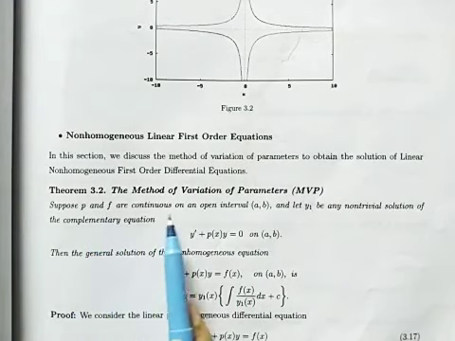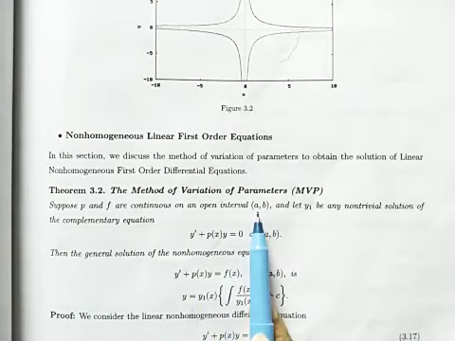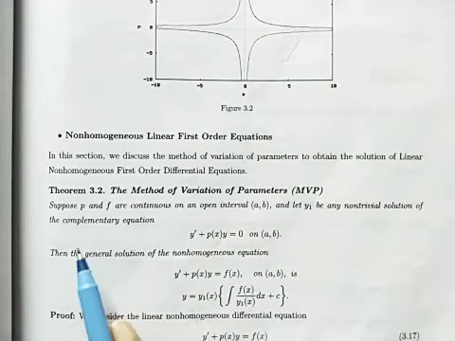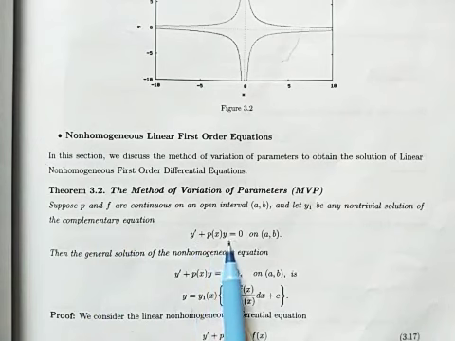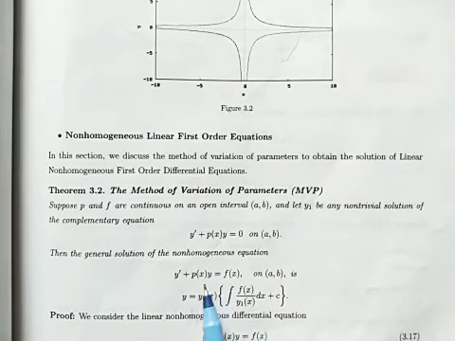Suppose p and f are continuous on an open interval (a, b). Both functions p and f are continuous on the open interval (a, b), and let y1 be any non-trivial solution of the complementary equation y' + p(x) y = 0.